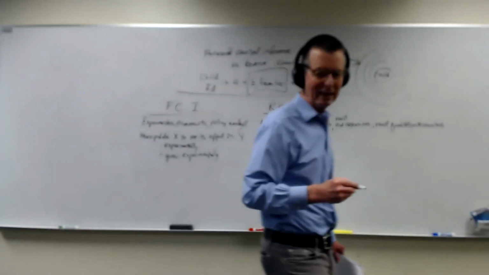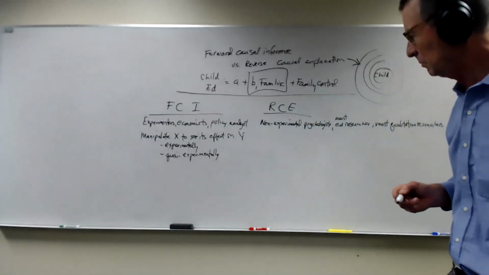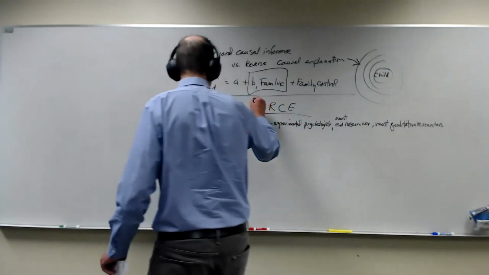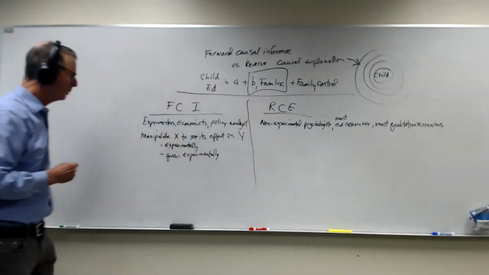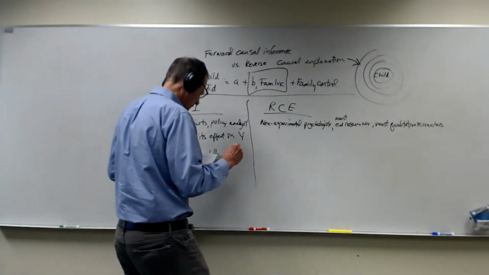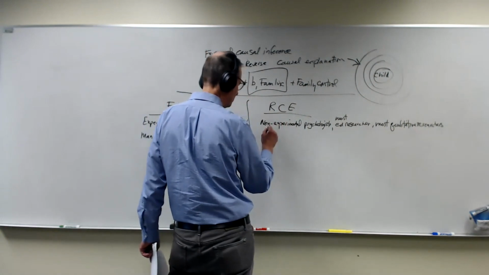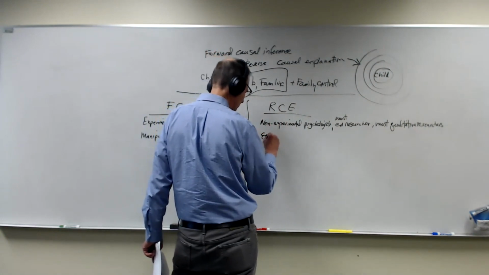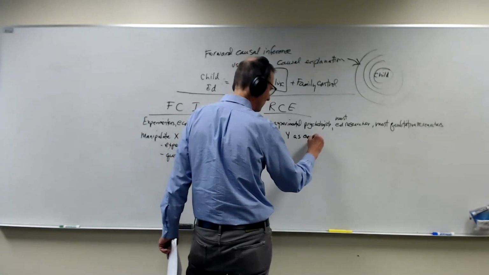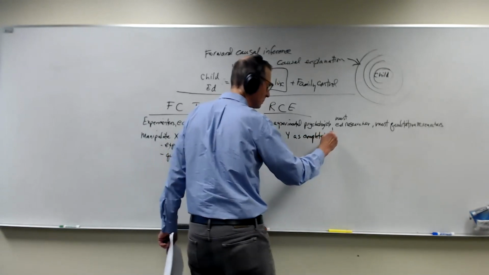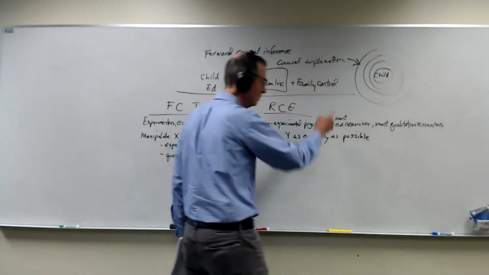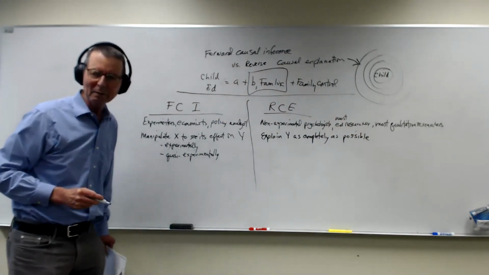And we'll talk at length over the course of the quarter about what quasi-experimentation is. So that's the goal of forward causal inference, to manipulate an X to see its effect on Y. And for reverse causal explanation, you want to explain Y as completely as possible. Hence the Bronfenbrenner diagram.